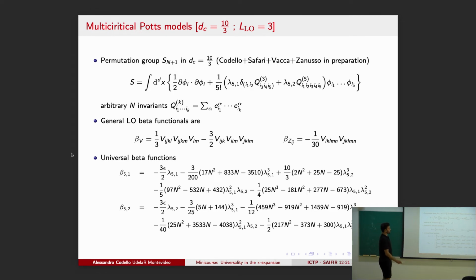Okay, you do that, and now you plug this potential inside here. You write some algorithm to do all these contractions in a recursive way, and you come out with a set of genuine beta functions. And now you start seeing the complexity of the problem of finding all universality classes, because here it's a nice theory that has two marginal couplings.